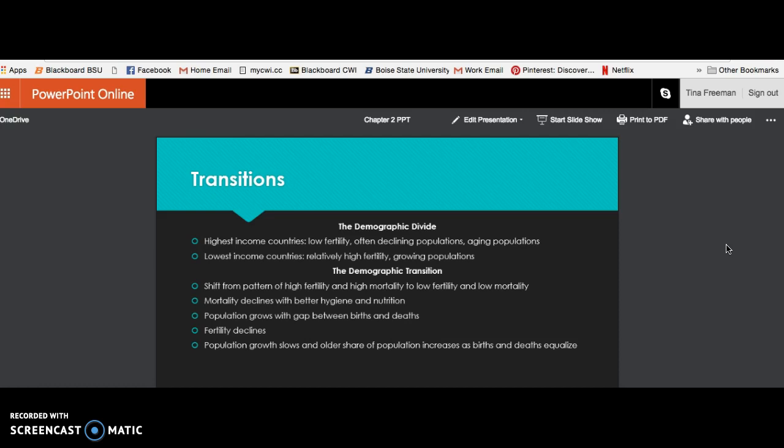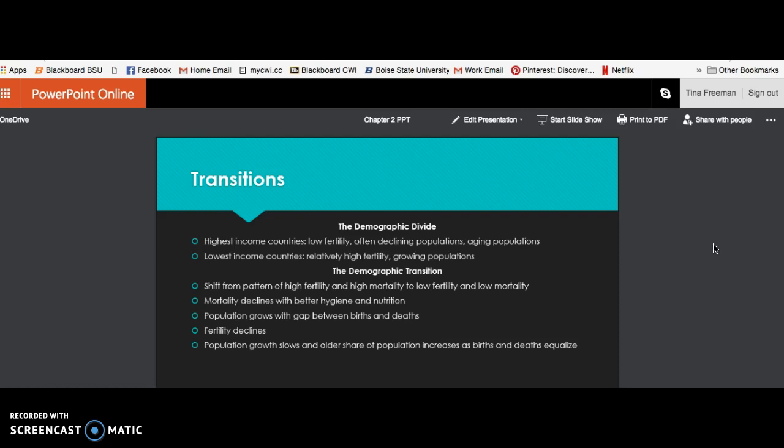So, diving into the transitions. Sorry, I wanted to go ahead and start with nutrition transitions, even though it's not in the text. Just briefly, it describes a population shift from a stage in which undernutrition and nutrient deficiencies are prevalent, to an intermediate stage in which undernutrition and obesity are both problems in the population, to a stage, which I think we can relate to in the United States, in which overweight and obesity are the dominant nutritional disorders.